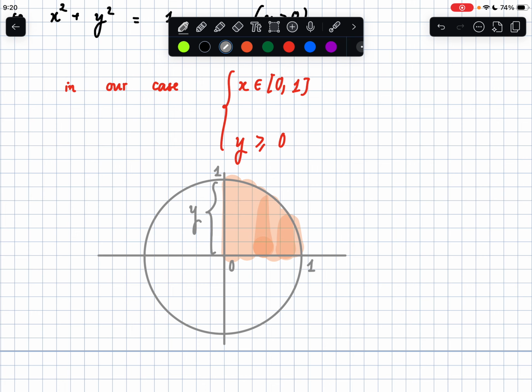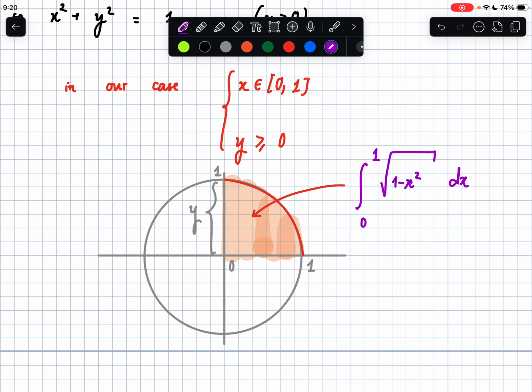We need to compute the area under this curve, the integral from 0 to 1 of square root of 1 minus x squared dx.